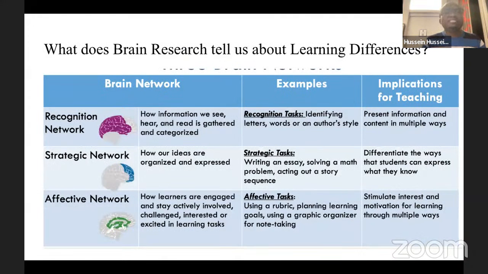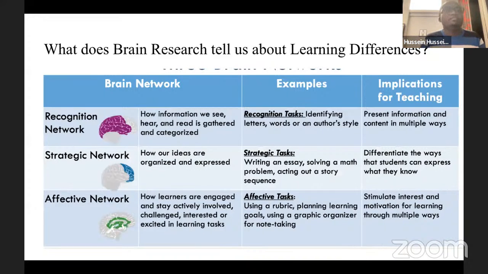What does brain research tell us about learning differences? Brain research hii inasema kuna network tatu ambazo kwenye ubongo wa mwanadamu yuko nazo. Network ya kwanza tutaangalia network, alafu tutaangalia examples na implication for teaching. Network ya kwanza tunasema recognition network. Basically how information we see, hear and read is gathered and categorized.